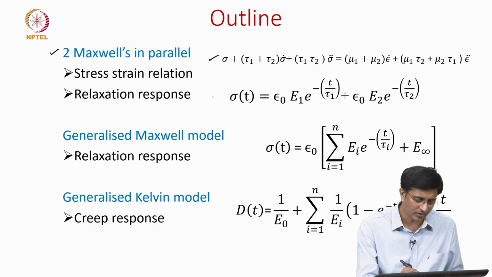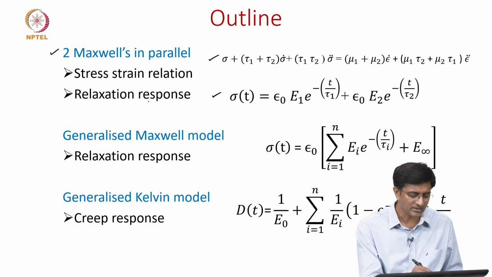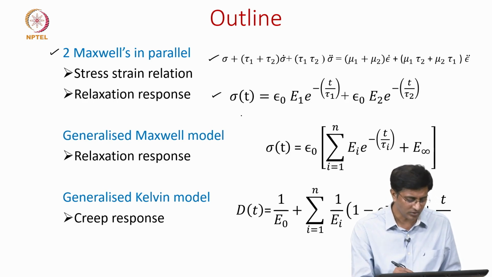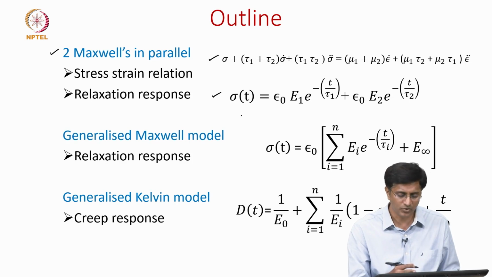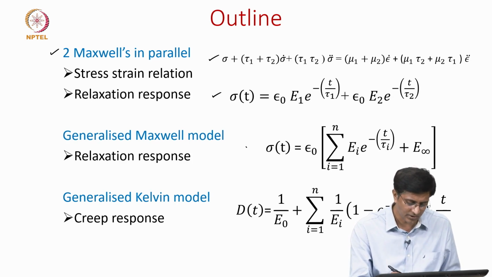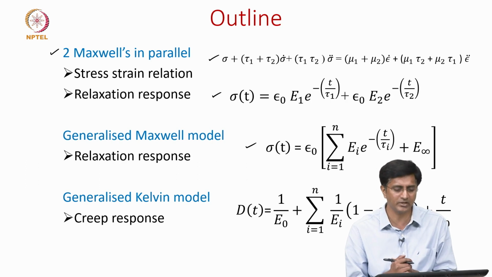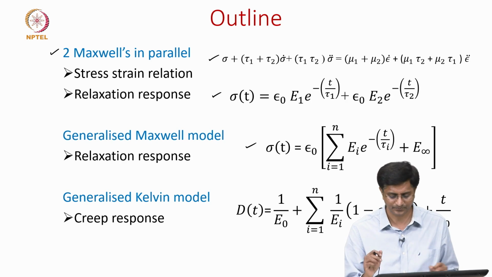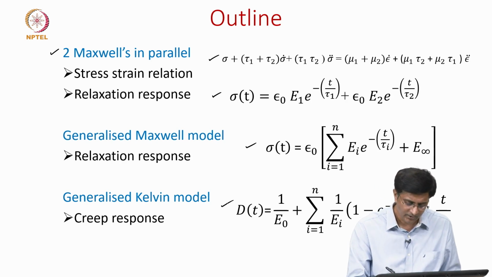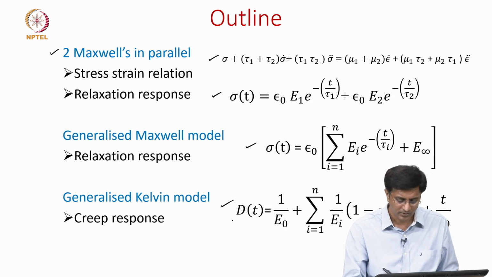We started by looking at the relaxation response for two Maxwell models. Using the same approach we extended it to the generalized Maxwell model, where we found the relaxation response. And finally, similar to the Maxwell model, we also have a generalized Kelvin model where we have all Kelvins in series, and here is the creep compliance given by D of t.